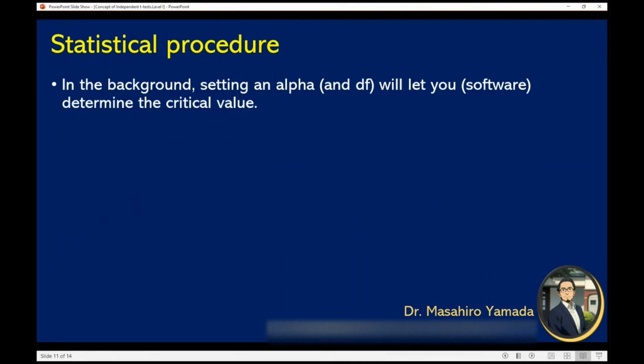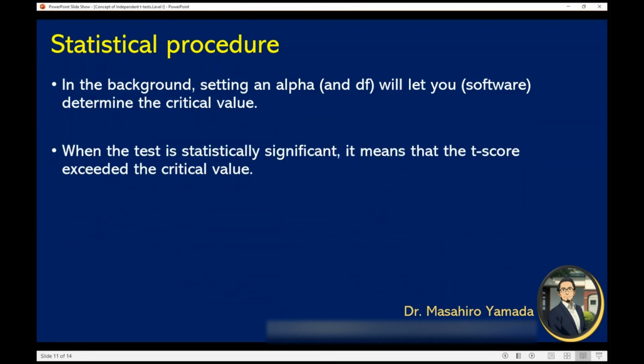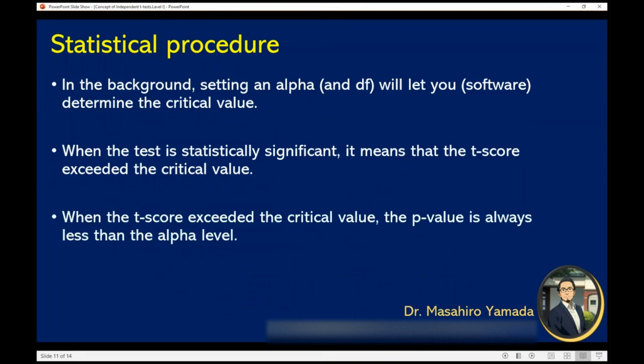In the background, when you set up an alpha, the software or you can determine the critical value. The critical value is like a borderline that you have to meet. If the t-score is greater than or exceeds the critical value, then you reject the null hypothesis, or you determine it is statistically significant. You can say the same thing as p-value is less than alpha.